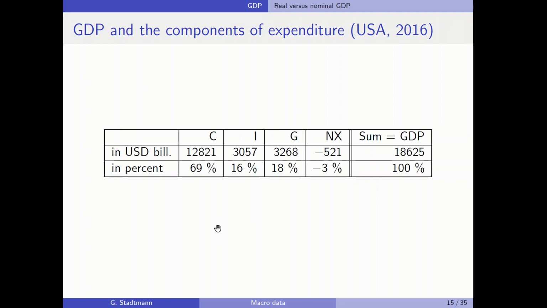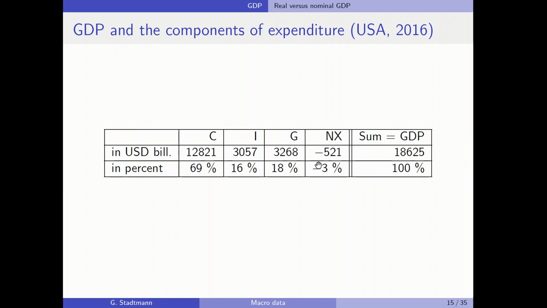So we are distinguishing private consumption, investment of the companies, government spending, and net exports. The figures in this second row are in billions of US dollars. I think it makes more sense to look at the row with the percentage terms, and there we can see that GDP is used to about 70% for private consumption.